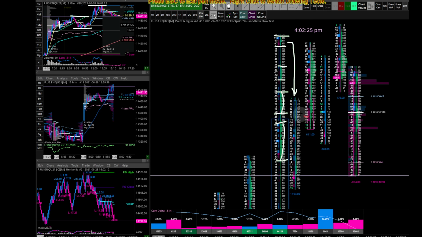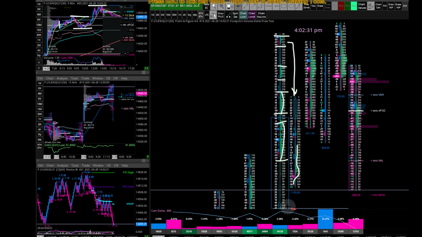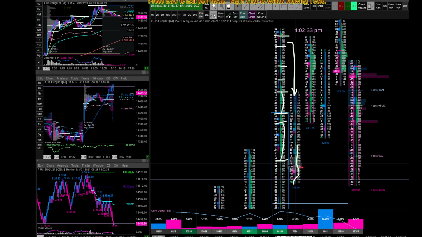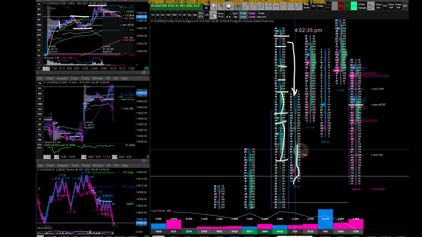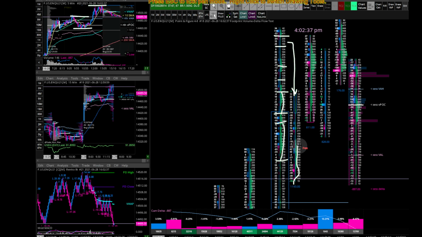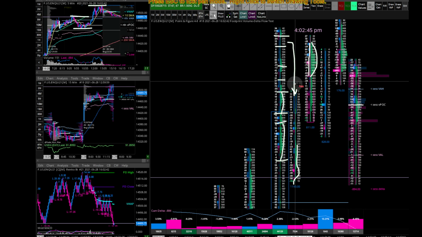But look, as we push down, look at the contract values going up again, right? So shorts are already covering through this area like crazy. So then we move back up, and then what ends up happening again? Massive volume in through here, right?